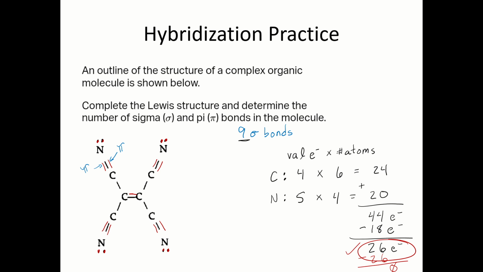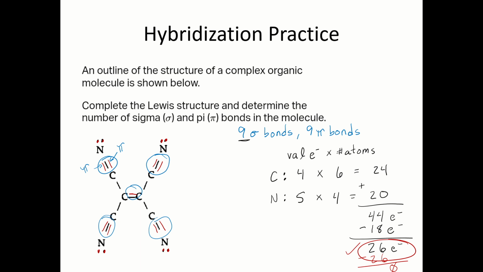So you've got 2 pi bonds for every triple bond. So there's 2 here, 4, 6, 8, and 9. So we should have 9 sigma bonds and 9 pi bonds in this structure.